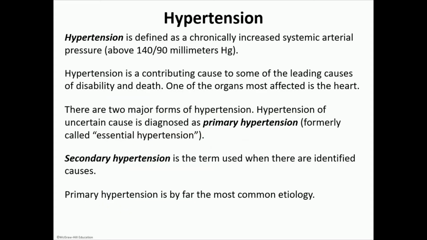Now, hypertension, that is the increase in blood pressure, the systemic blood pressure. And hypertension is one of the risk factors of heart attacks and renal damage, and has a whole list of complications.